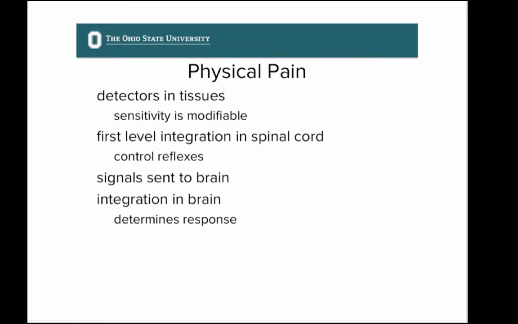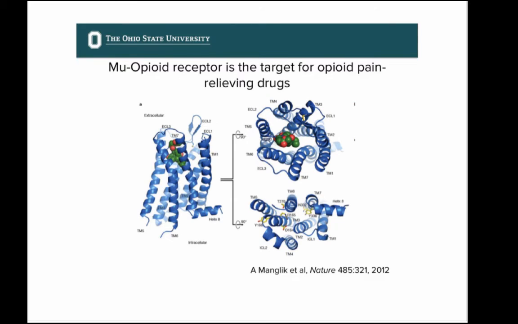The one on the left would be looking at this from the level of the plasma membrane, with the top part sticking out of the cell and the bottom part inside of the cell. And the green and red balls would represent an opioid antagonist drug. On the right, on the top, is a picture looking from the outside of the cell in, and on the bottom is a picture looking from inside of the cell out.